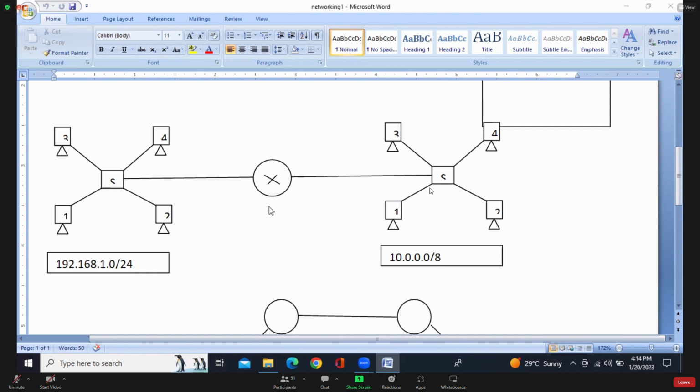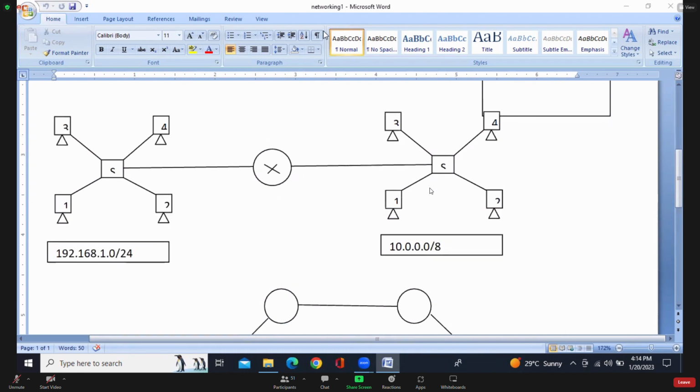Let's see guys here. Router functions. Okay guys.